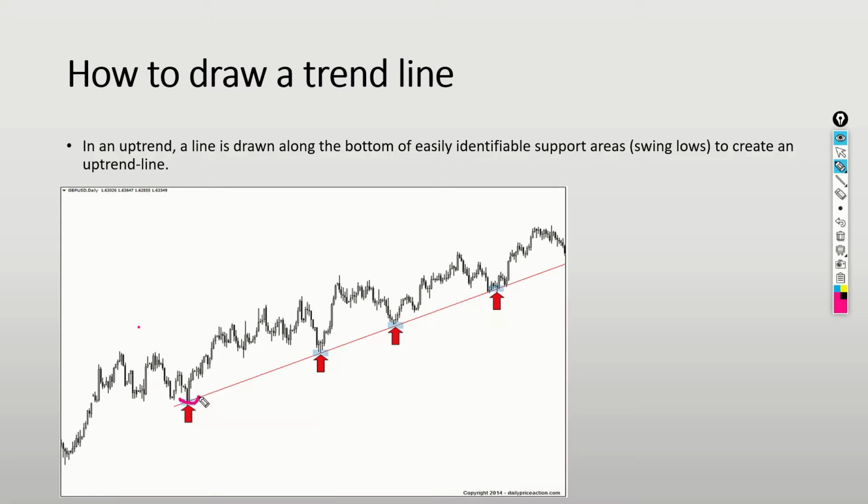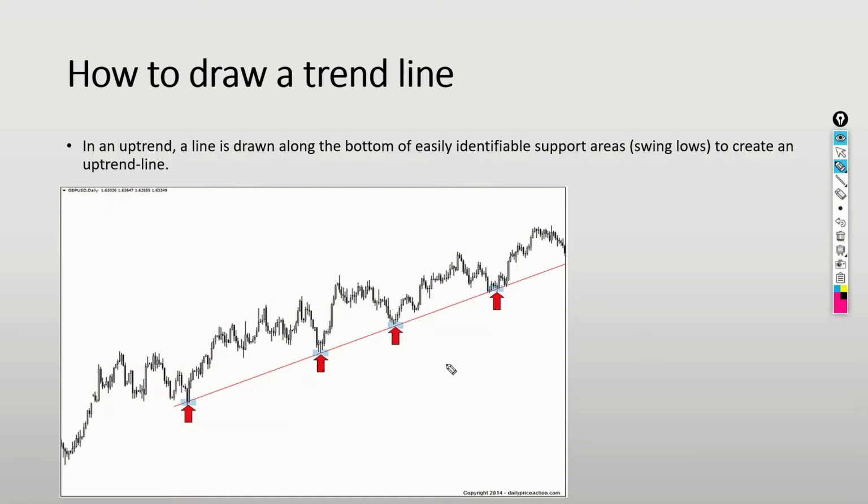This is where the swing low of the market occurs. This is a swing low, this is a swing low, and this is also a swing low. And then we say the price in an uptrend moves forming higher high, higher low, higher high, higher low, like that. That's the pattern of an uptrend.